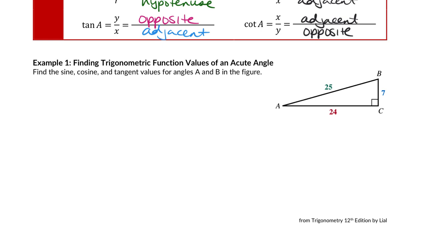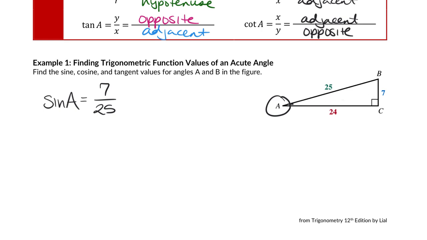If I were to color code them, you'd get confused. If we were doing the sine of angle A, that means I'm looking at angle A and I'm trying to see what is opposite from angle A. So what is opposite of angle A? 7. Then what is the hypotenuse of this triangle? 25. So the sine of angle A is 7 over 25.